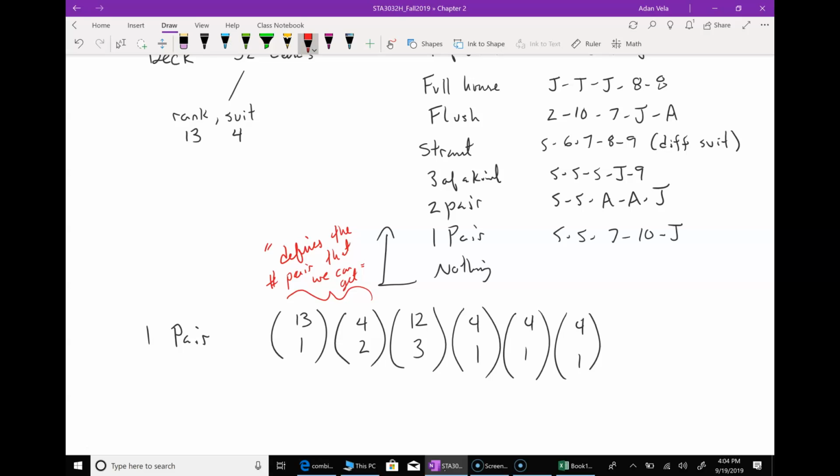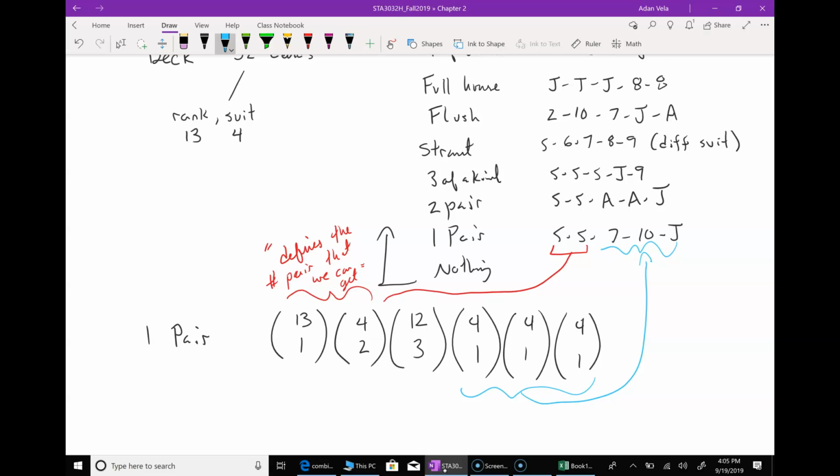If you want to think about it, these red ones correspond to the 5 and 5, so maybe we get 5 of hearts and 5 of diamonds. These guys over here are all the combinations we can get of 3 different cards. They can't be pairs.